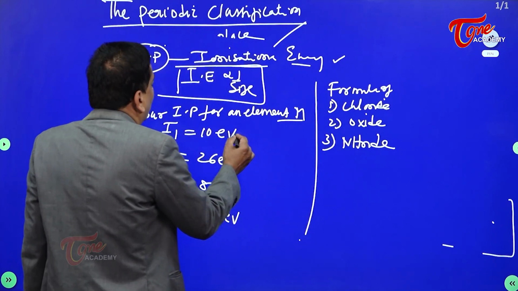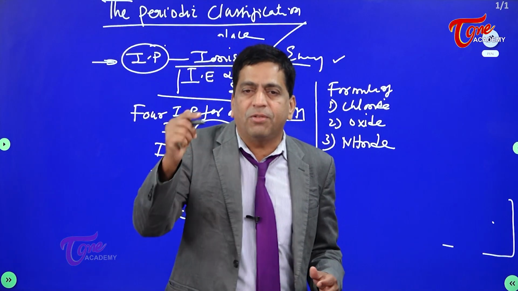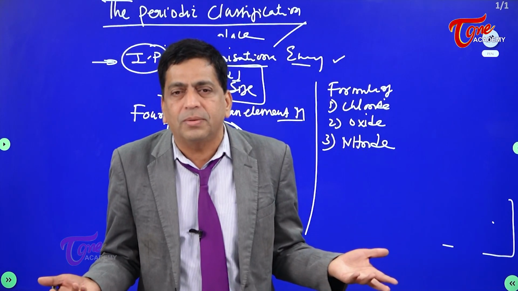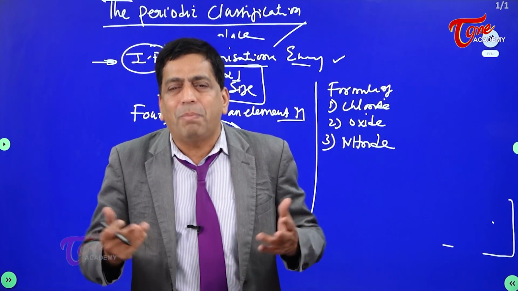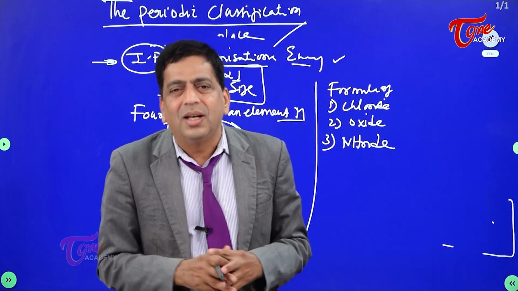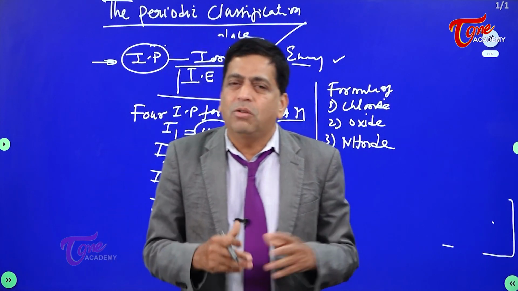Look into this. The first ionization potential is 10 electron volts. That means the energy supplied to extricate the first electron in the outermost shell is 10 electron volts. And I'm not surprised. You need to give some energy to kick an electron out because the electron is held by the nucleus with great force.